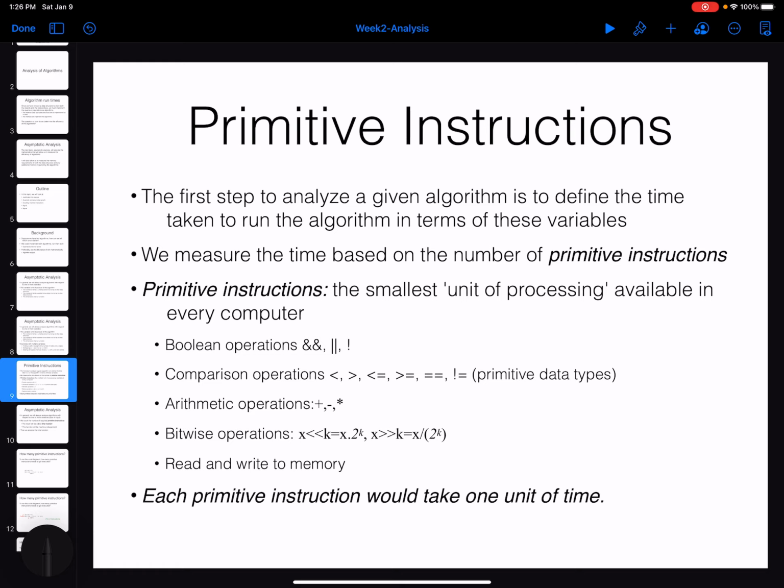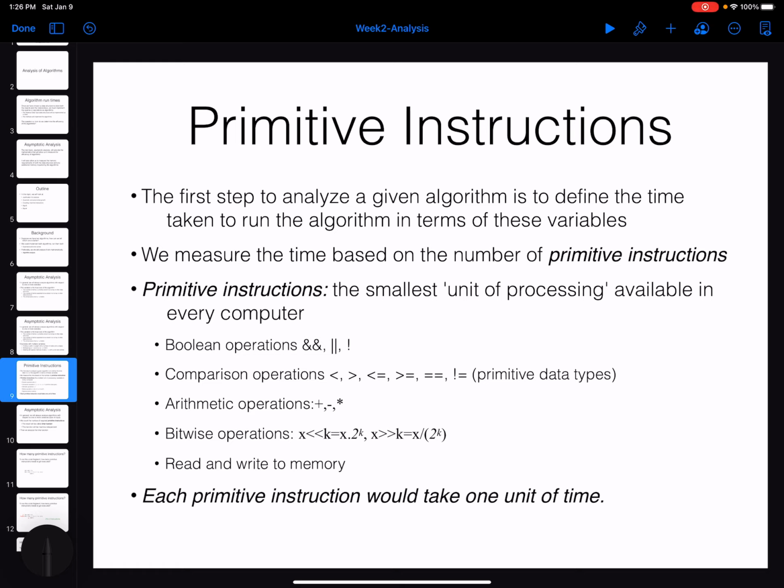Maybe I have a very old machine, or you have a very new machine, and of course new machines are much faster. But when I talk about how much time it takes for an algorithm to be executed, I don't care about the exact time, because that would depend on the machine you are running your algorithm on.